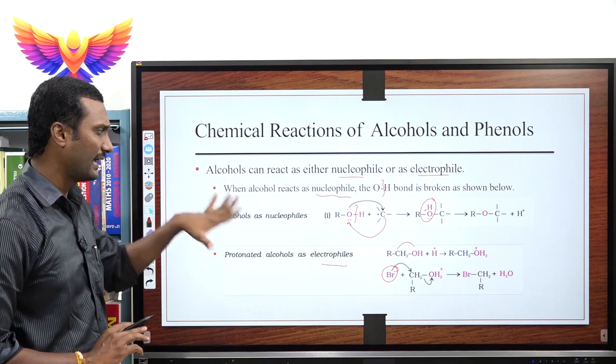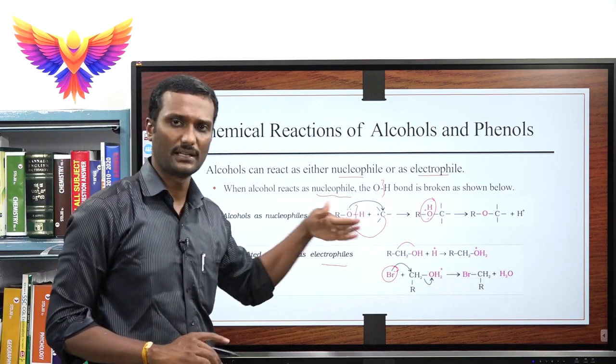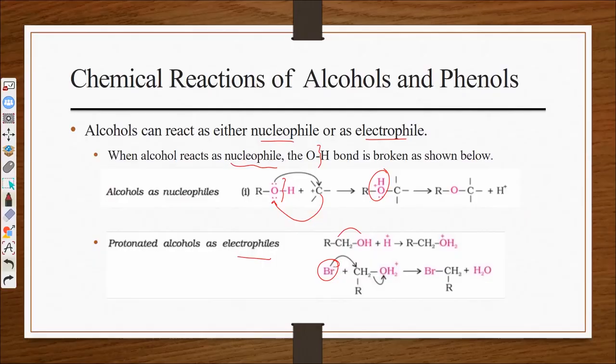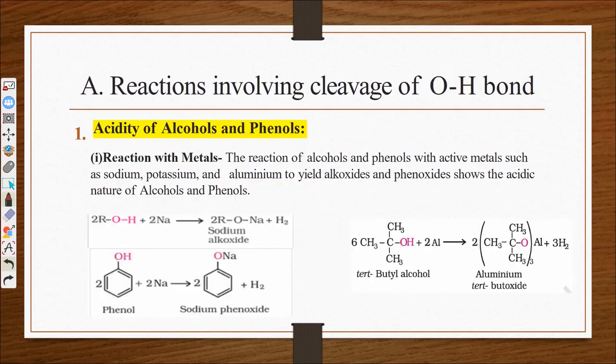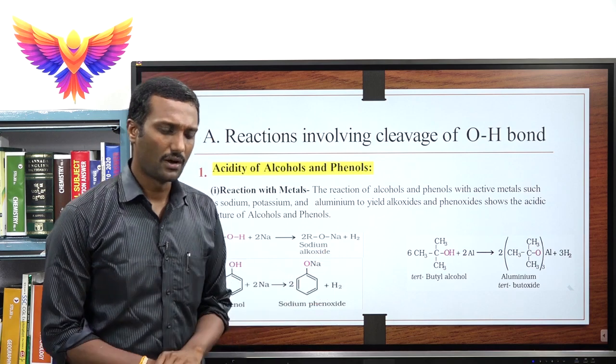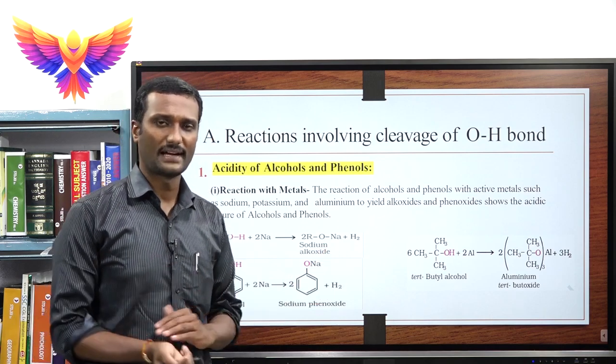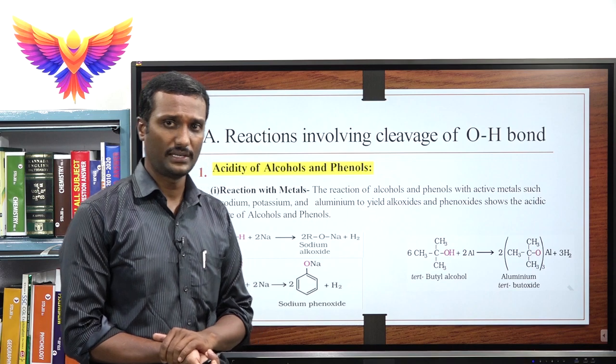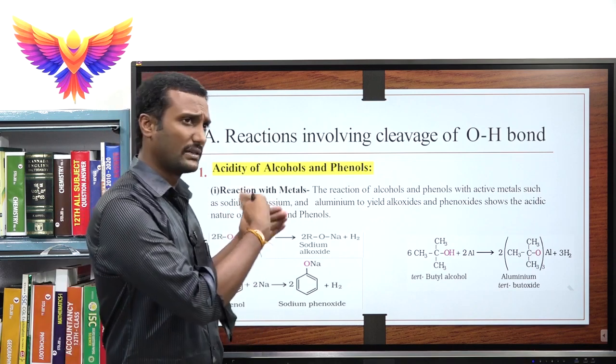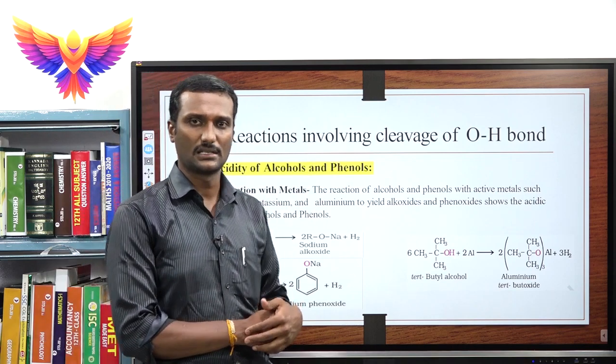Very important, again on this basis the question will be there, we will see the reaction, how it acts as both electrophilic and nucleophilic in nature. So it is very clear. Suppose if you are confused about when an alcohol acts as electrophilic and nucleophilic in nature, the confusion will be cleared by these examples.